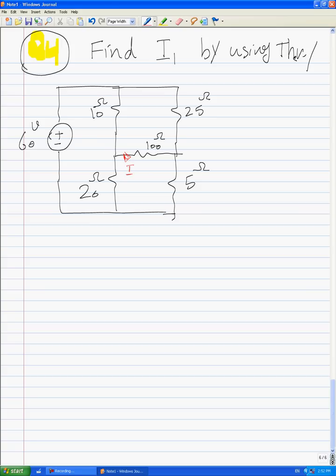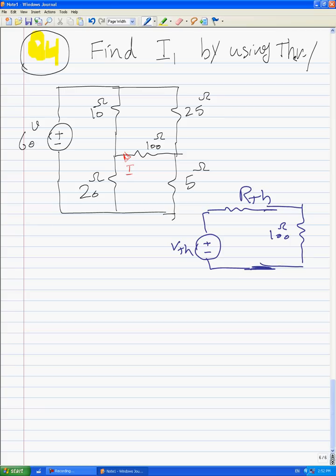Okay, the important key to solve this question is to investigate the Thevenin equivalent circuit across the 100 ohms. I mean, if here we have 100 ohms, we can simplify the circuit to this circuit, RTH and VTH.